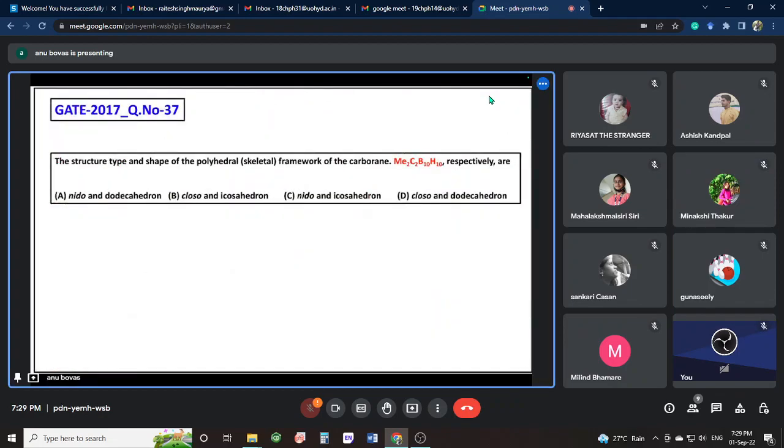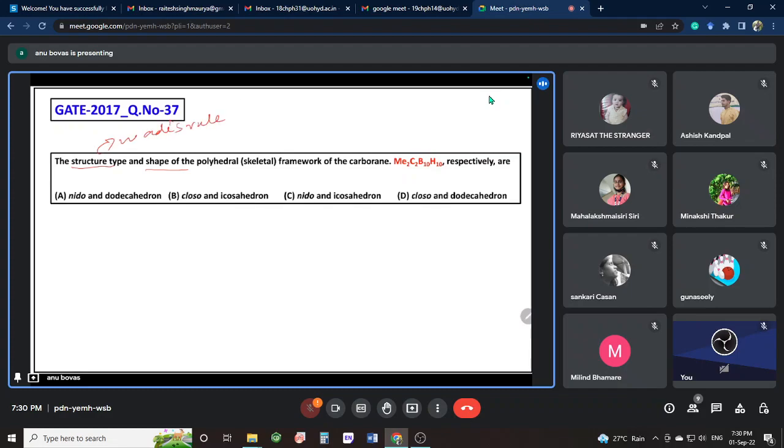Now, the structure type and shape of the polyhedral skeletal framework of the carborane Me2C2B10H10 respectively are. Four options are given. Here, there are two parts, structure as well as shape. Structure we have seen till now how to solve, which can be solved by Wade's rule.